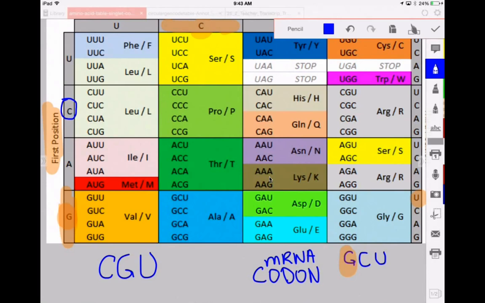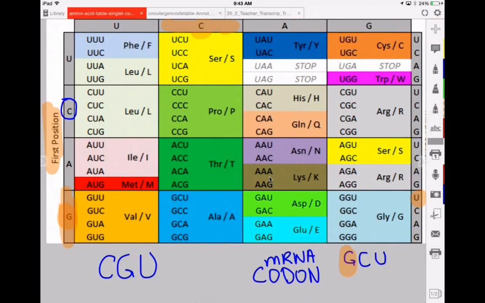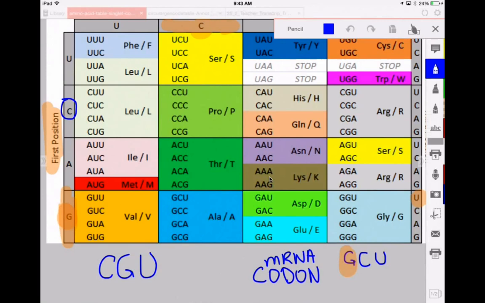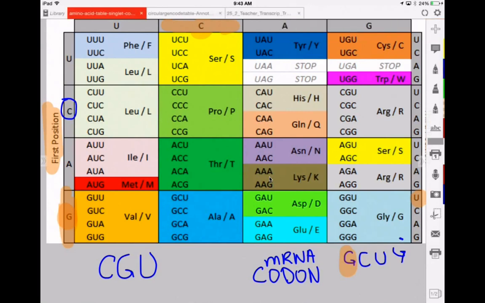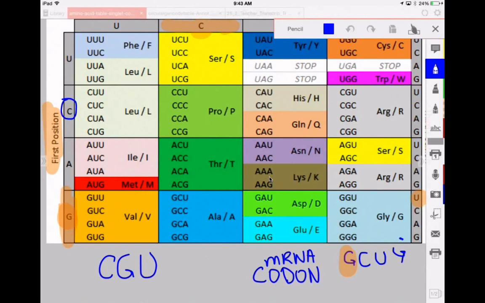C is here. G, a little devil, it's in my way. G is in this column right here. This is the G column here. You can see that it's the last one at the top. I'm sorry, but my tool gets in the way for this. C, G, and U.